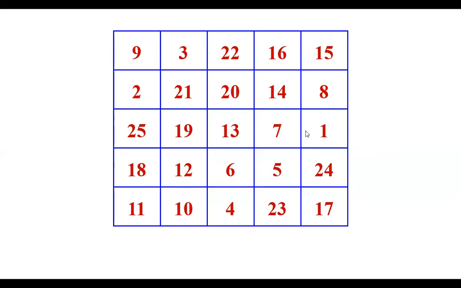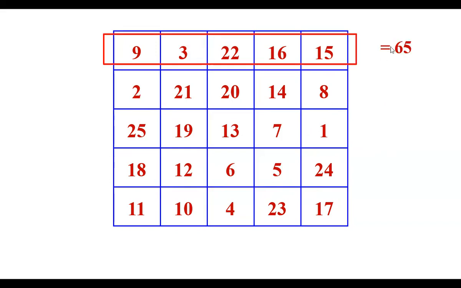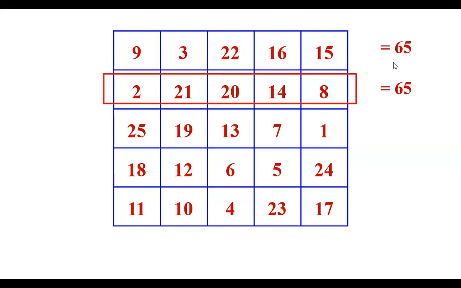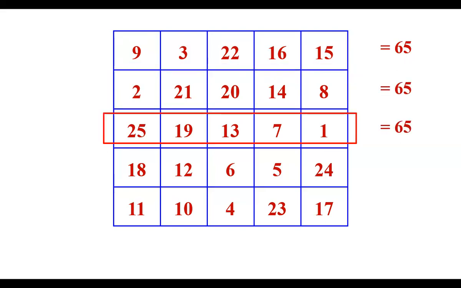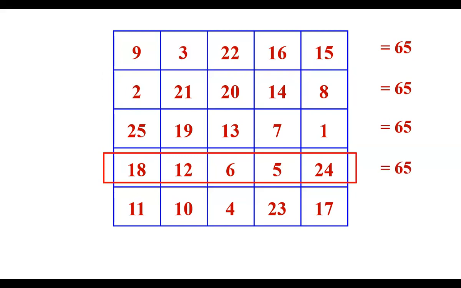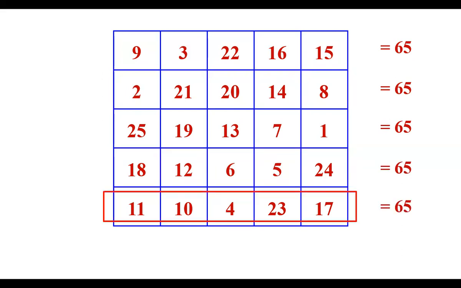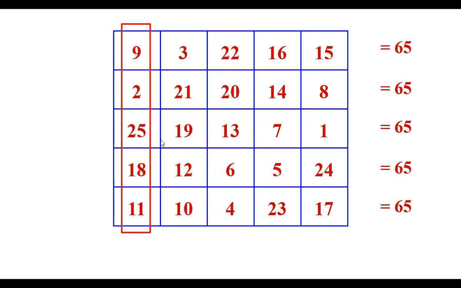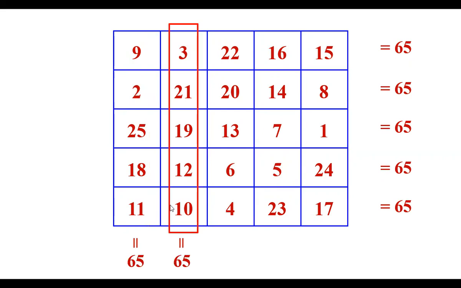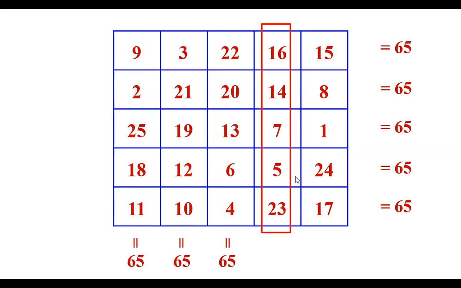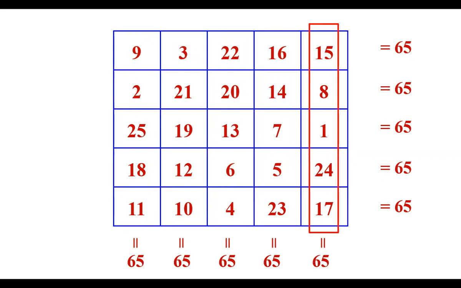And now the interesting part is, if you sum up all these elements, it sums up to 65. You take the second row, 65, third row, again 65, fourth row, 65, fifth row, 65, first column, 65, second column, again 65, third column, 65, fourth, everything.